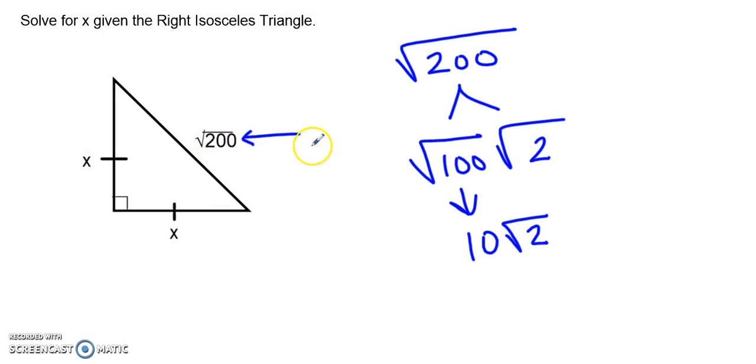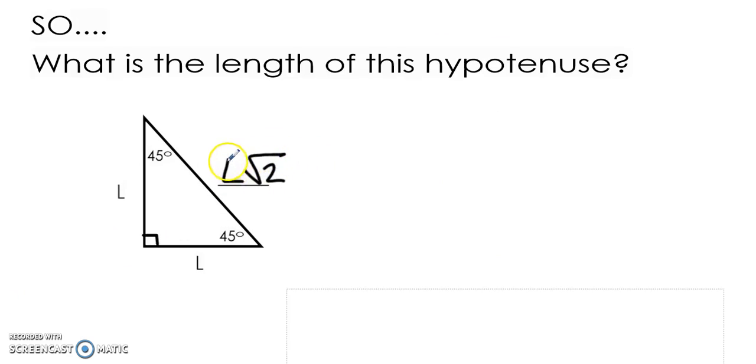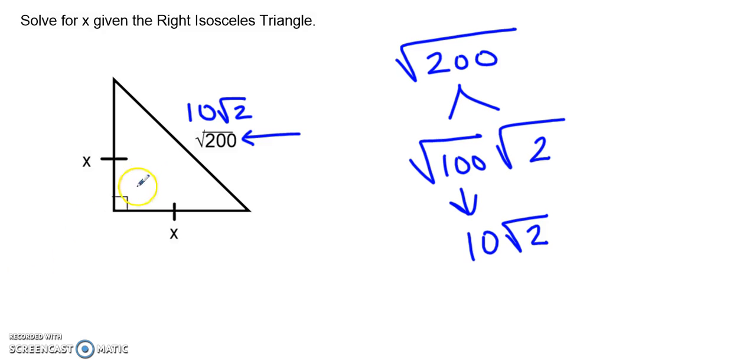So this square root of 200 is really 10 square root of 2 simplified. Now because we have it written in that formula, if I go back one stage here, the number in front of the square root of 2 is going to be the leg's length. So since this is a right isosceles triangle, the number in front of the radical is going to be equal to the length of the legs. So both legs are a length of 10.